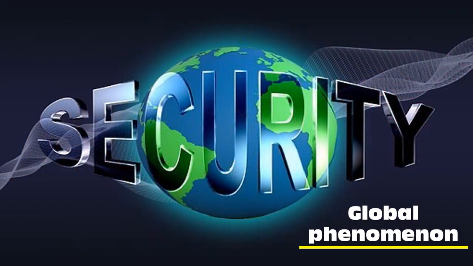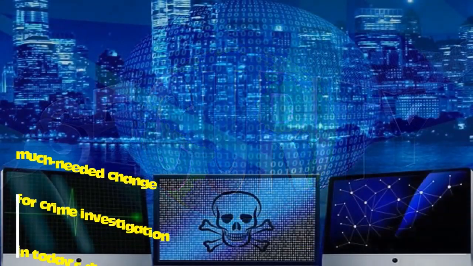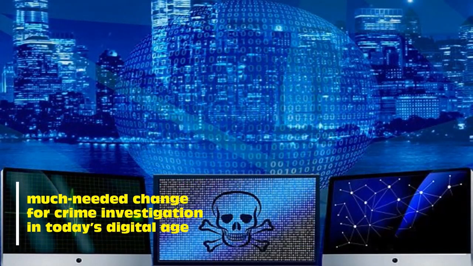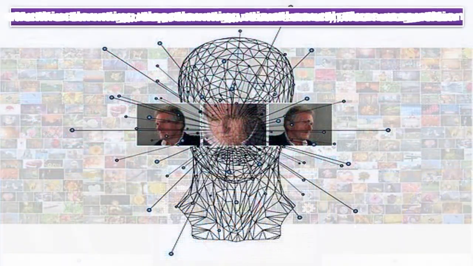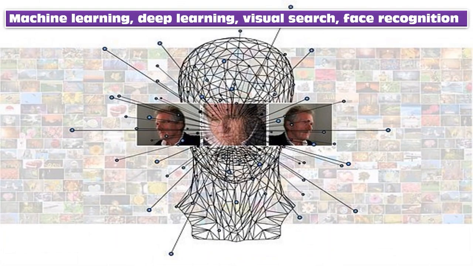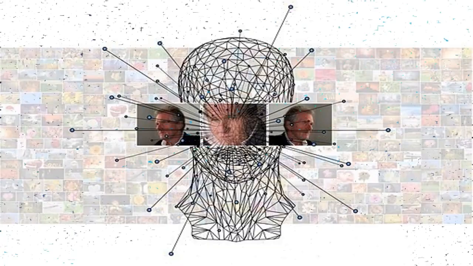The database of criminals with identification markers is a global phenomenon. This bill is a much needed change for crime investigation in today's digital age. Machine learning, deep learning, visual search, and face recognition will assist police personnel in identifying criminals.